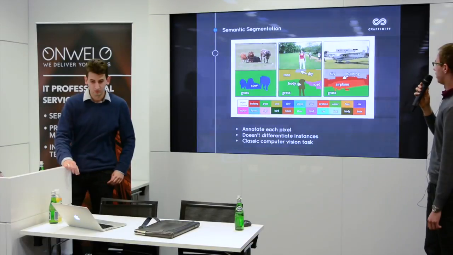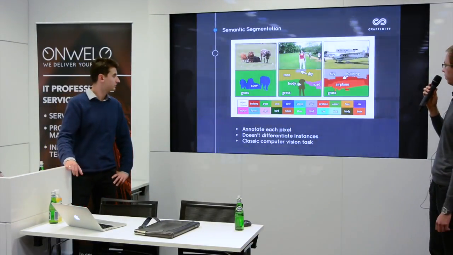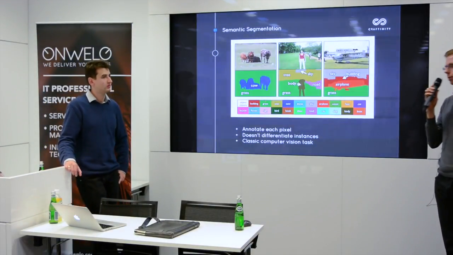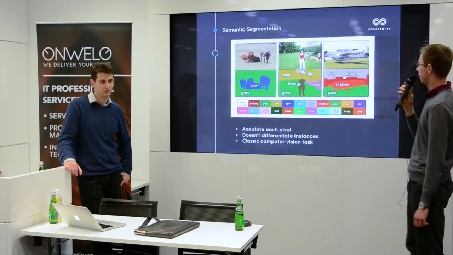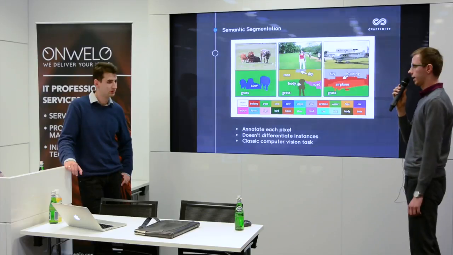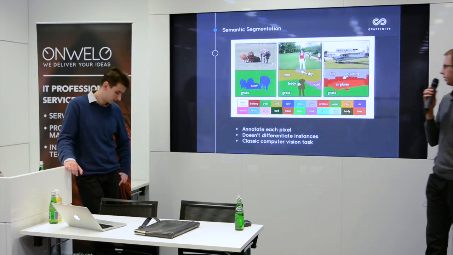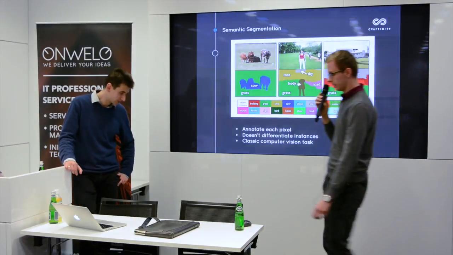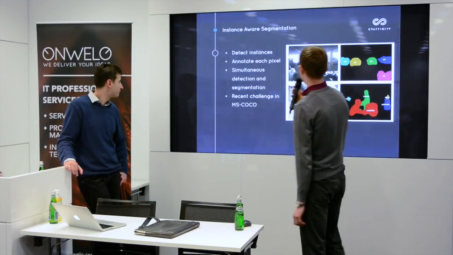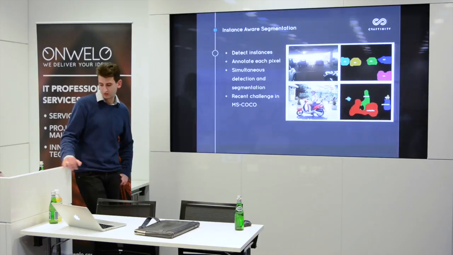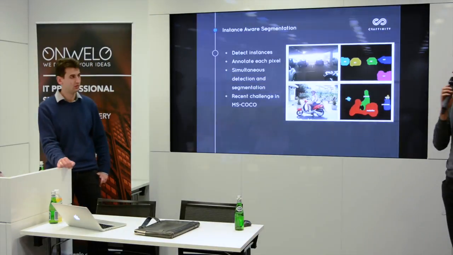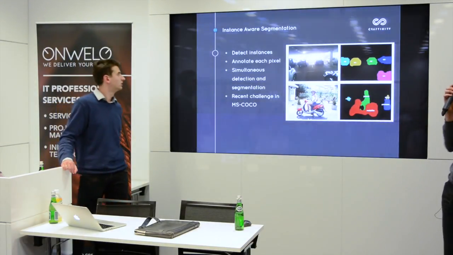So on the first image on the left, where we have cows, we don't know how many there are, and for some applications we would like to know, so it's not enough to do semantic segmentation, but for some applications it's okay.